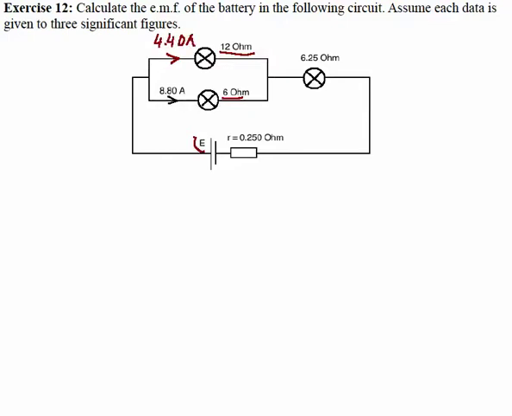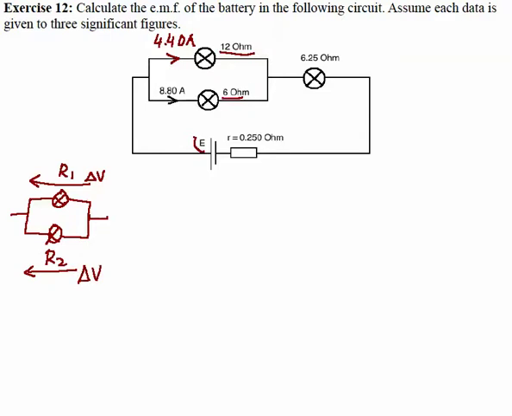If you want to use a calculation, you can say that the top light bulb is R1, the bottom light bulb is R2, and I know that the same voltage is going across both light bulbs.